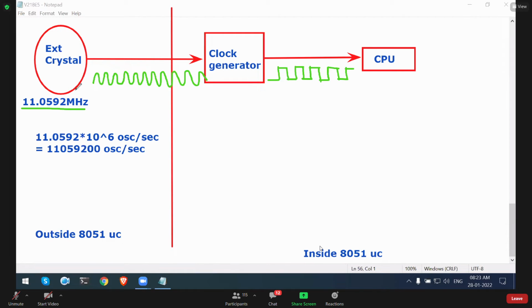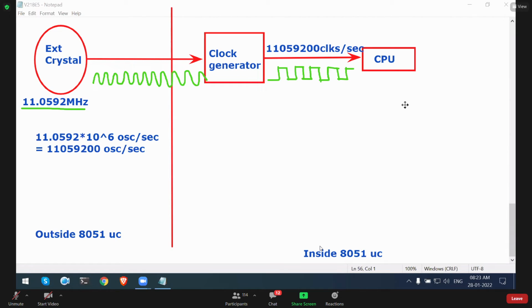And the clock generator will convert each oscillation into a clock pulse. So this clock generator will also generate 11.059200 clock pulses per second. So these many clock pulses will be given to the CPU.